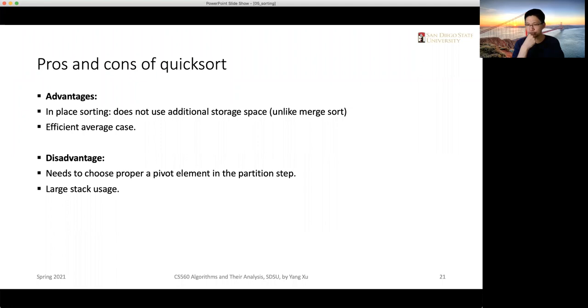Yes, it is possible that the randomized partition can choose the largest or smallest element, but it is not likely that each time it will always choose the largest or smallest element.